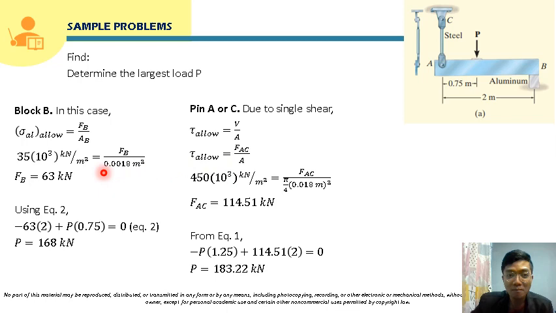Meaning to say, the aluminum block will fail, so we cannot use this applied load P.